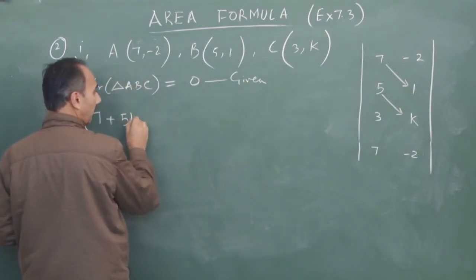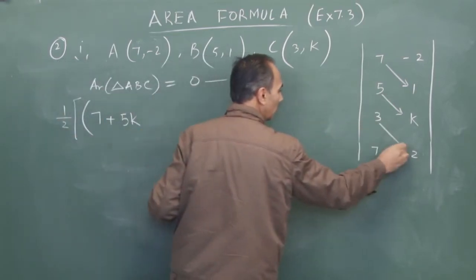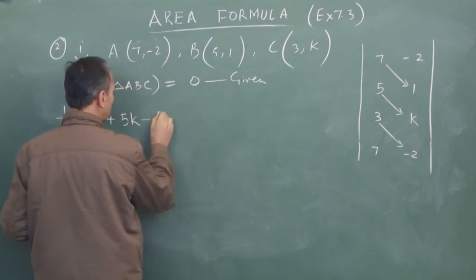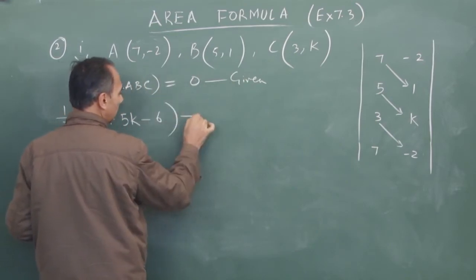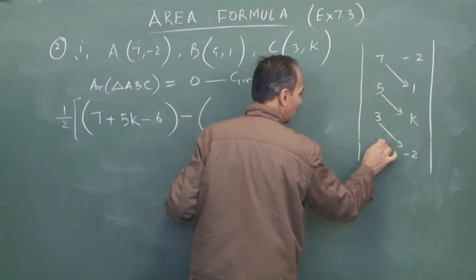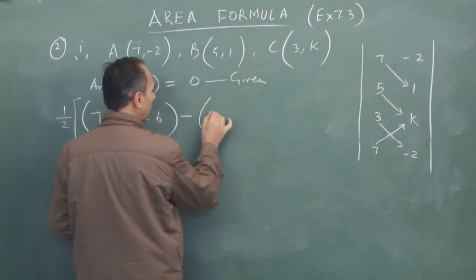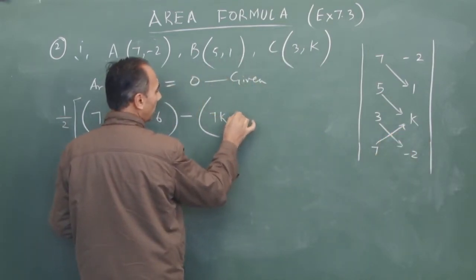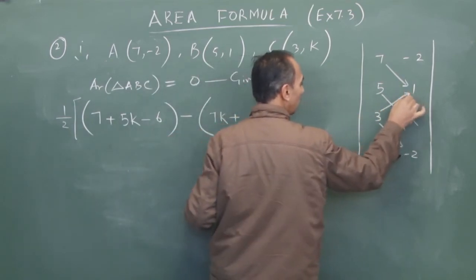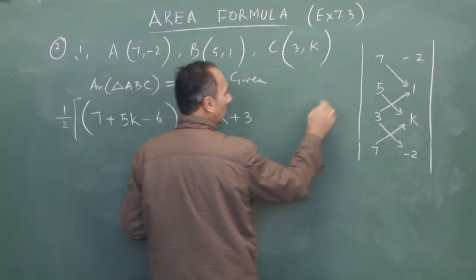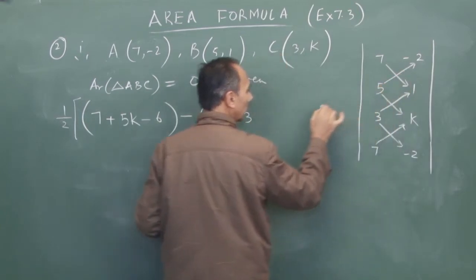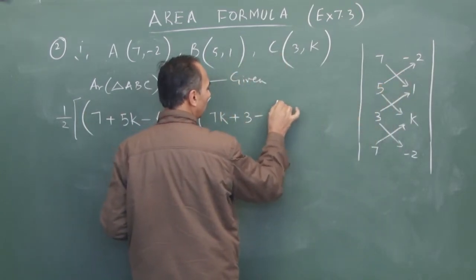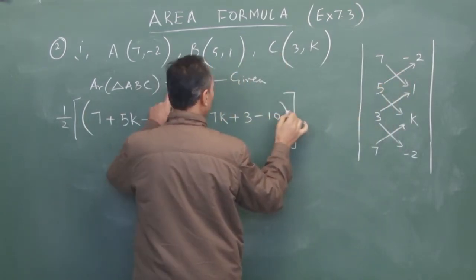That's 5k plus 3 into minus 2. That's minus 6. Bracket closes. Then minus times. Now we change the direction. 7 into k. That's 7k plus 3 into 1, that's 3, plus 5 into minus 2, that's minus 10. Bracket closes, equal to 0.